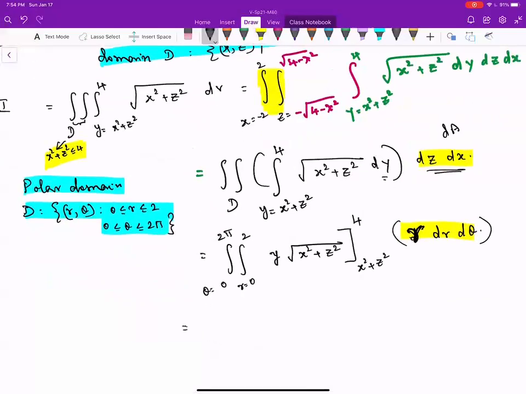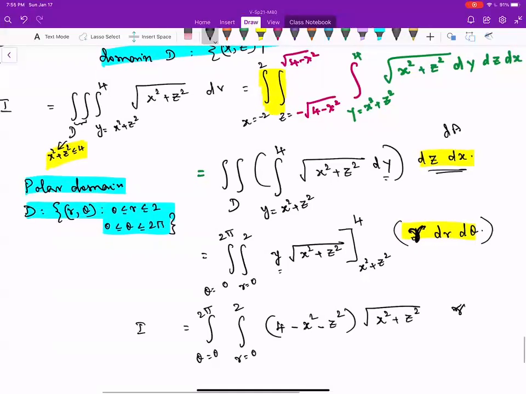So we get I equal to integral theta varying from 0 to 2 pi, r varying from 0 to 2. If you substitute here, you will be substituting only for y. That becomes 4 minus x square plus z square in parentheses, times square root of x square plus z square. Then you have r dr d theta.